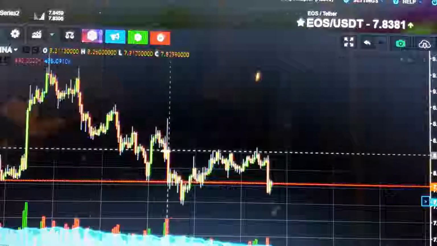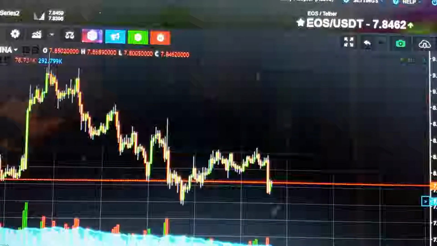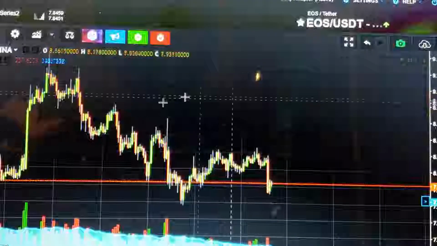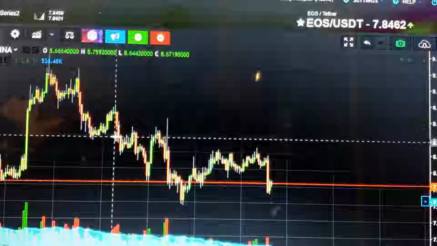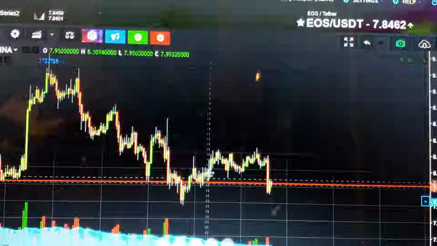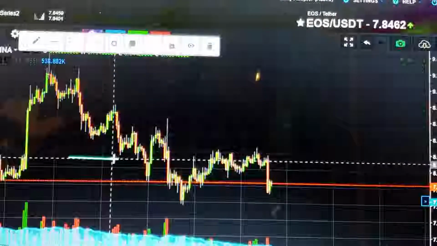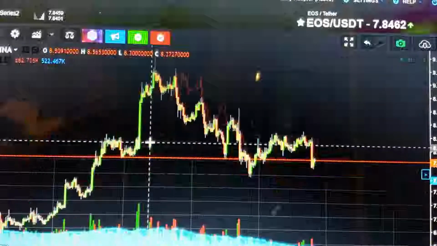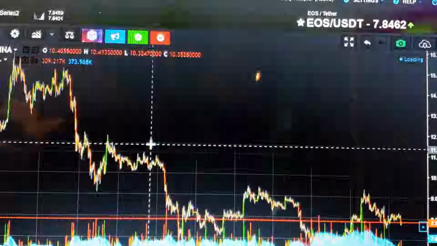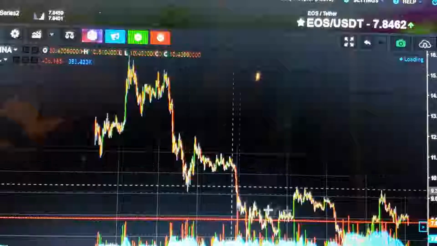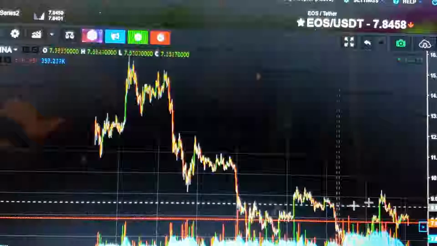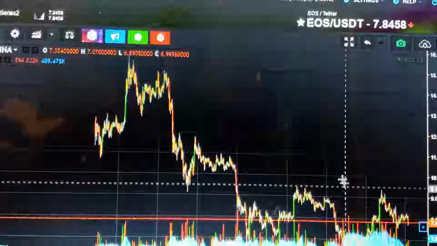Let's get rid of all that. So we're on EOS. So you accumulate free coin off all these base cracks. Right? So you accumulate. So you have all this free coin now.